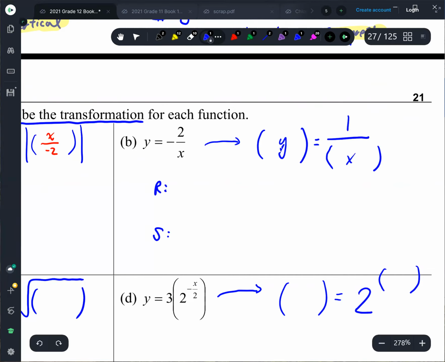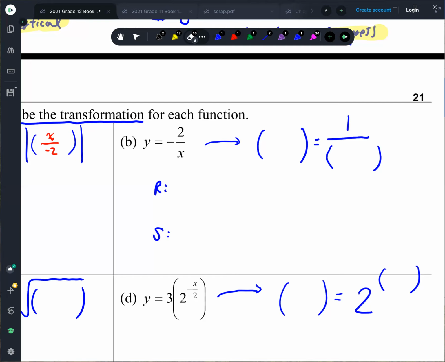Does anyone have a story form for this one? Any volunteer? Jason. I think I got y over -2 equals 1 over x.